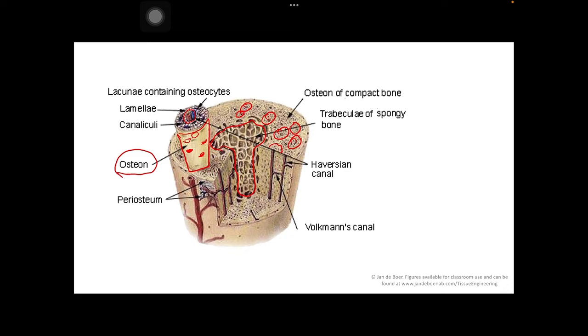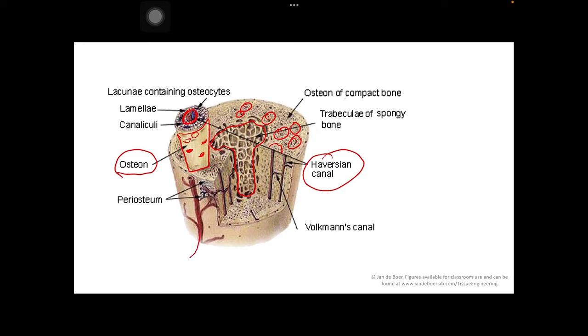And in the center of this quite important uniform cylindrical structure, you will see a canal, right? A hollow canal. It's called the Haversian canal. And this Haversian canal is there to contain blood vessels.